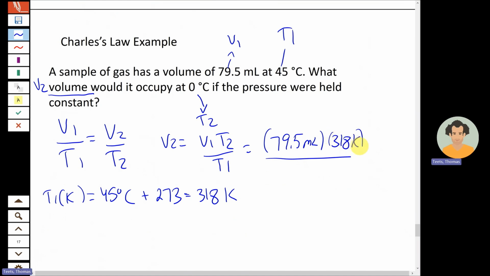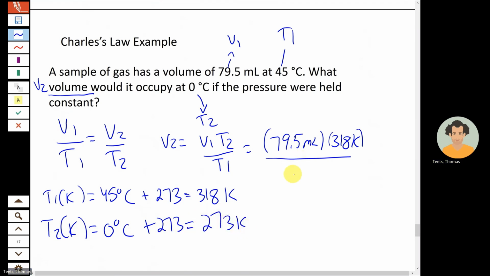And then for T2, which is going to be in the denominator, it's 0 degrees Celsius. We add 273 to that, and it's going to be 273 Kelvin. So Kelvin cancels out, and that's the correct absolute temperature units. And so then we multiply those across, we get 68.2 milliliters.